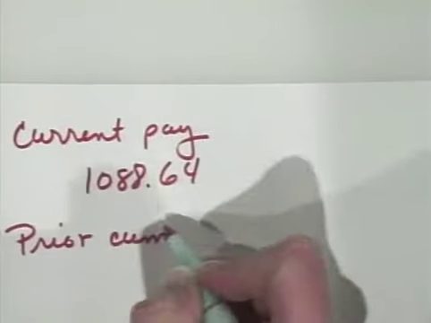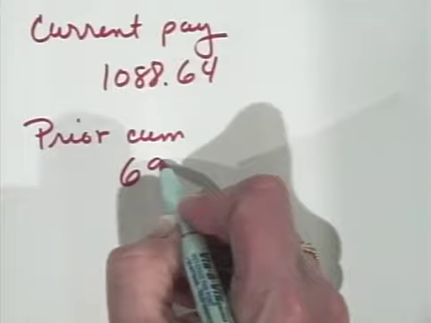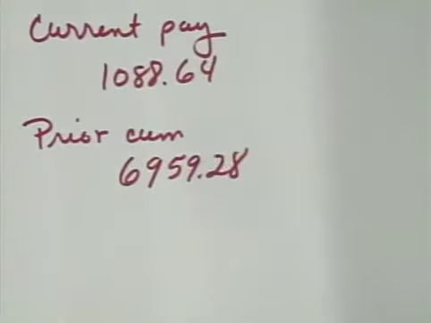Where are we going to begin? It says, Todd has current gross earnings of $1,088.64. So his current pay, on a clean sheet of paper, is 1088.64. His prior cum earnings were 6959.28.